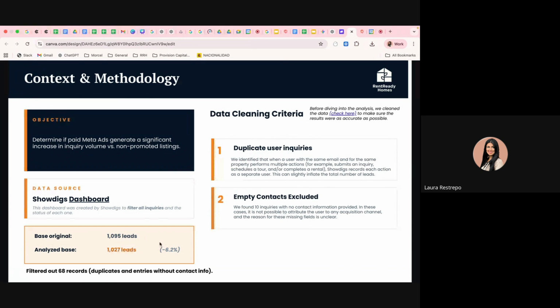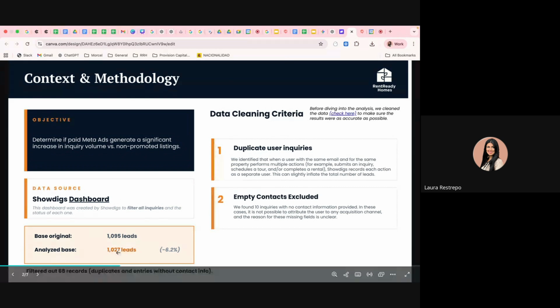But the conclusion is basically we have 1,095 leads, and after cleaning the data, we have 1,027 leads, about a 6% difference.